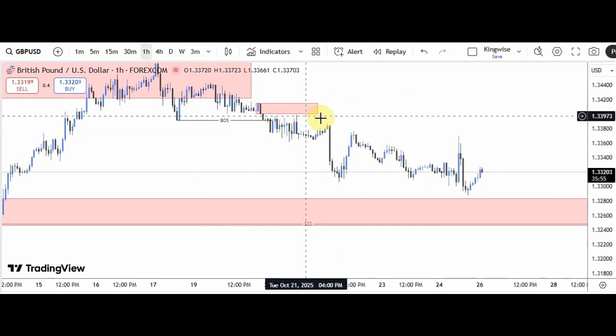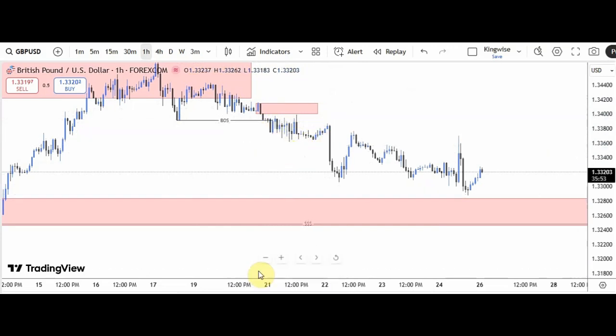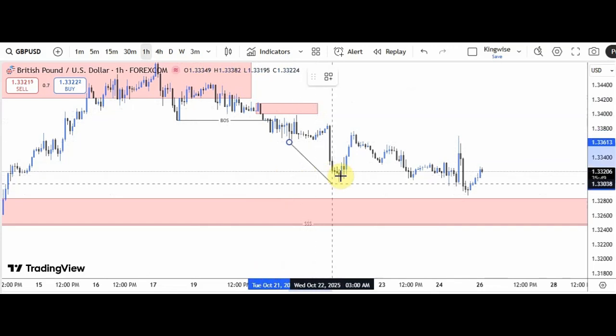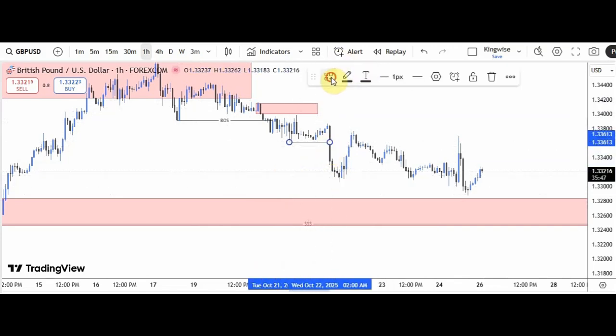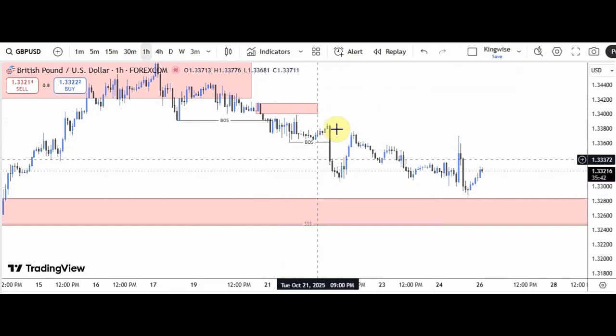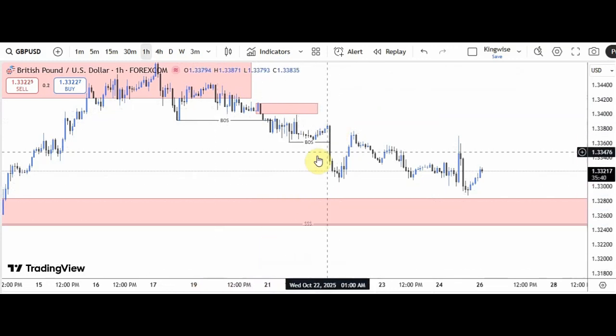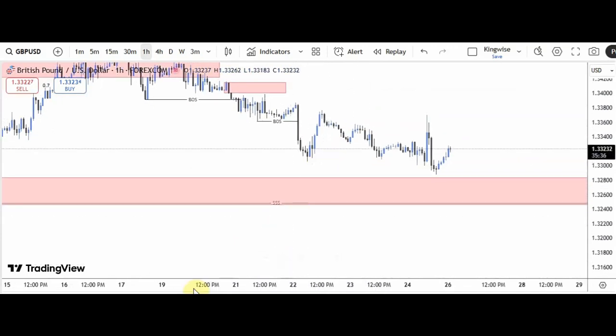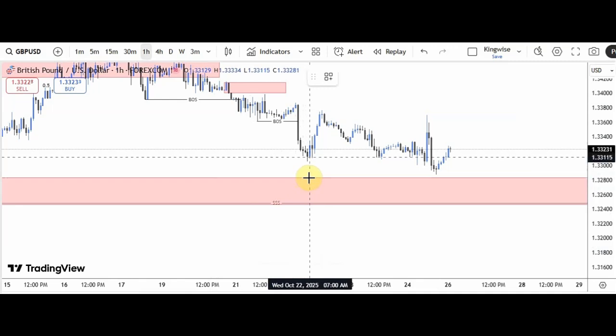So price did not return to that block. Then we had another break of structure here. We had this break of structure. Price only returned into this fair value gap and dished a sell to the downside.